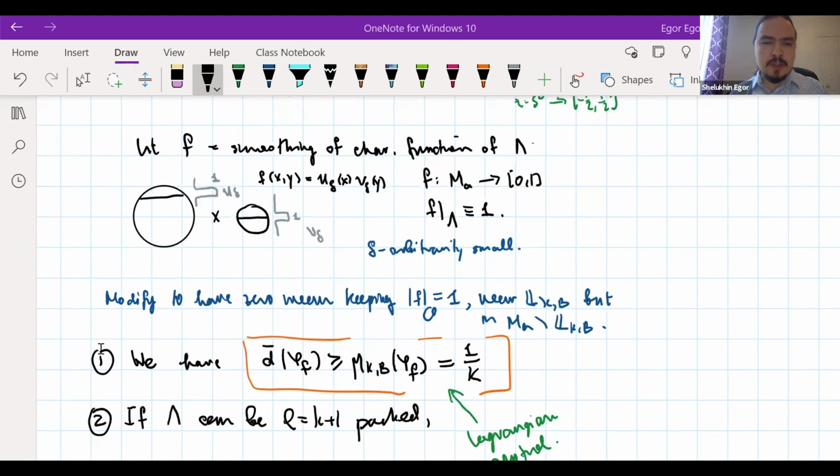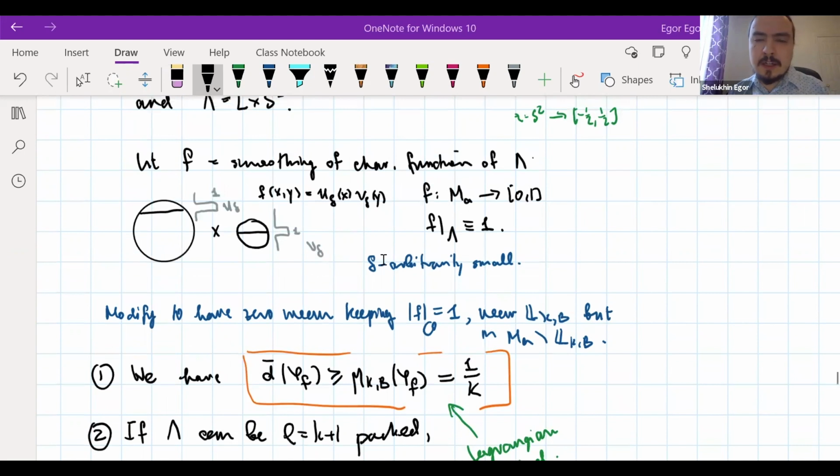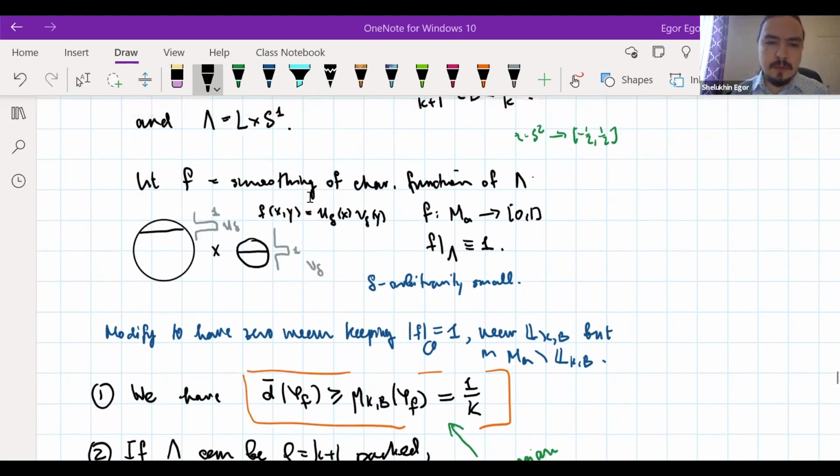Right. So now what we can do is take the characteristic function of this Lagrangian, which we can obtain as the product of the characteristic functions of L, the boundary of the cap, and the equator. Then we want the smoothing of it, which we can obtain as the product of the smoothings.